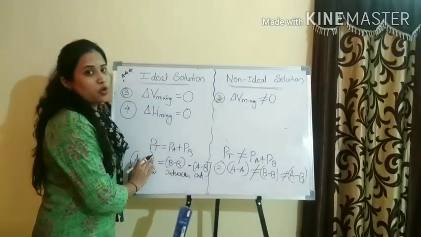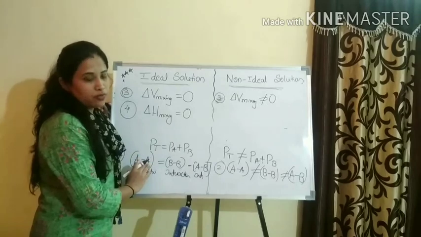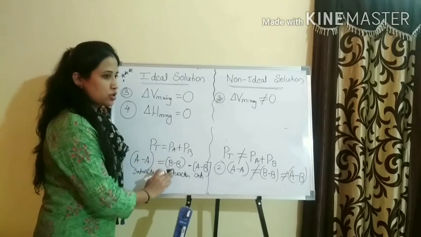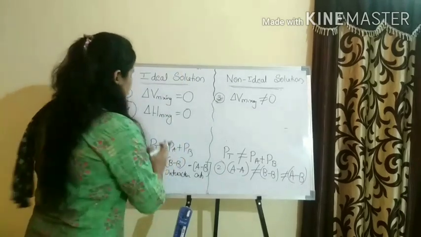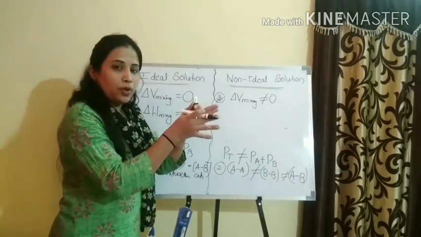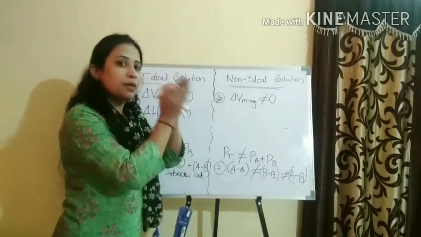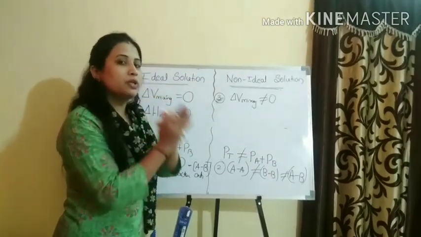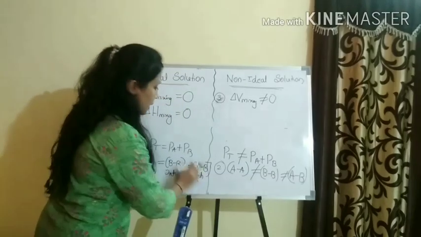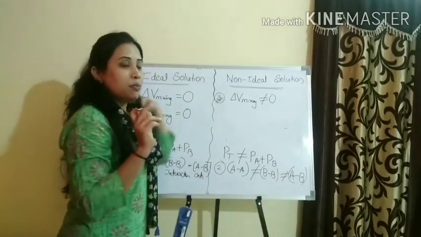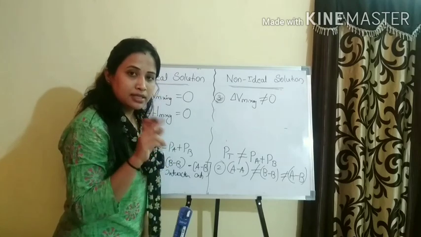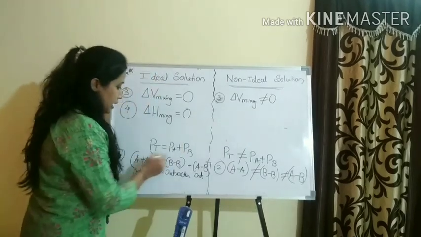AA molecules before mixing will be with one force of attraction, BB with another force of attraction. When I mix the A and B components, obviously there should be a bond formation between the AB particles. Agree? The bond formation, and at the same time the bond breaking.